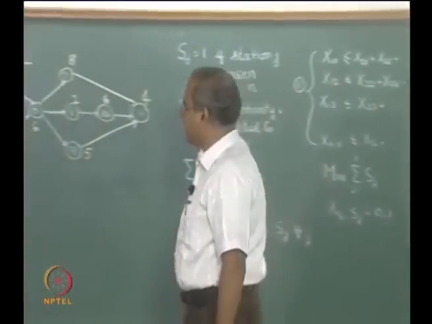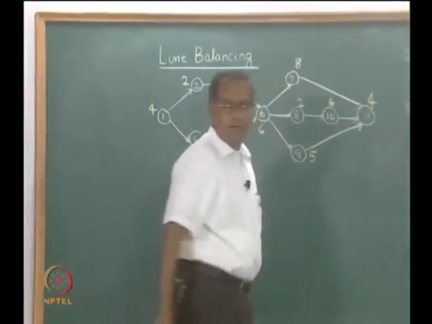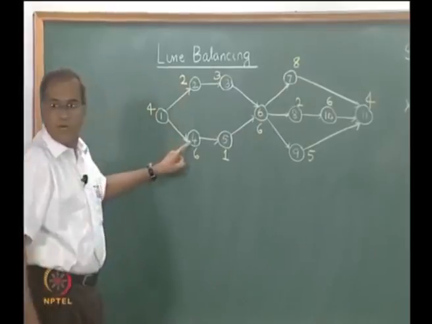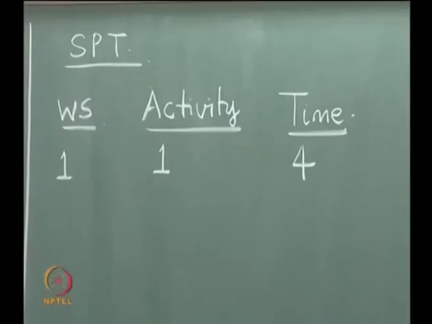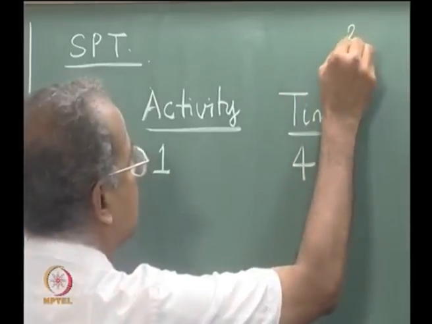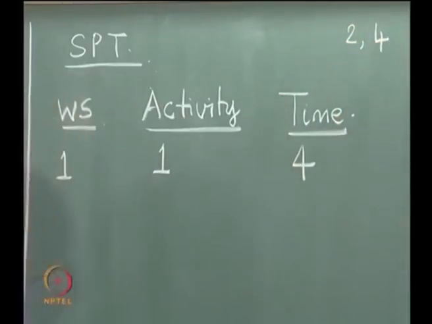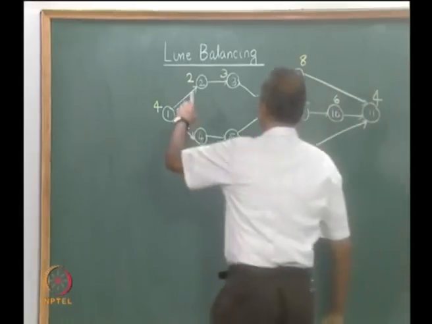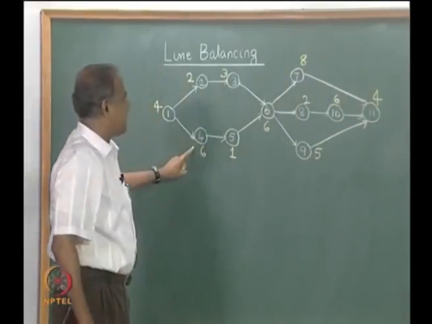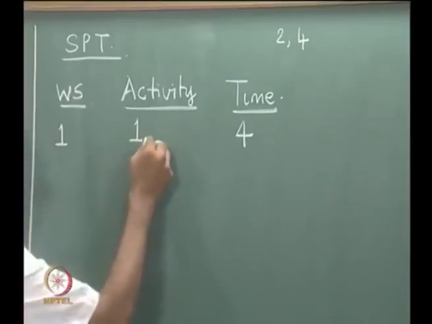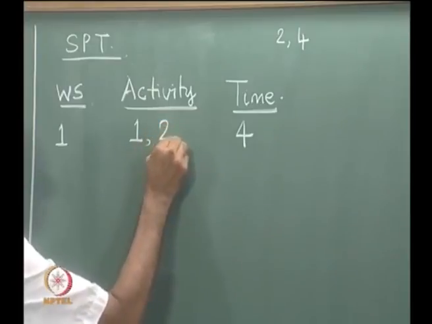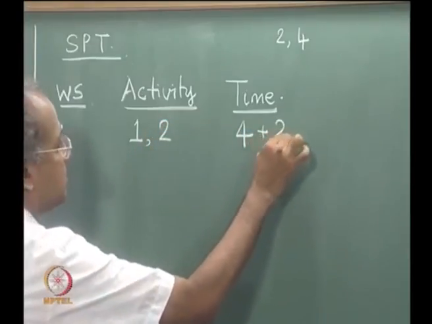Now that we have assigned activity 1 to workstation 1, 2 and 4 are available, because activity 1 has been allotted. Now 2 requires a time of 2 units, 4 requires a time of 6 units. So based on the SPT rule, we would assign activity 2, and then it takes 2 more units.